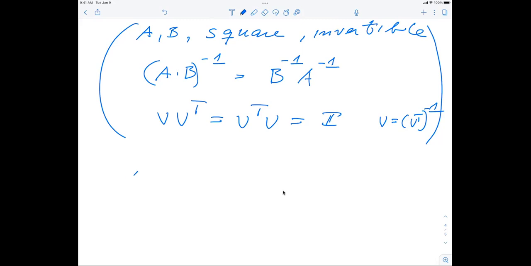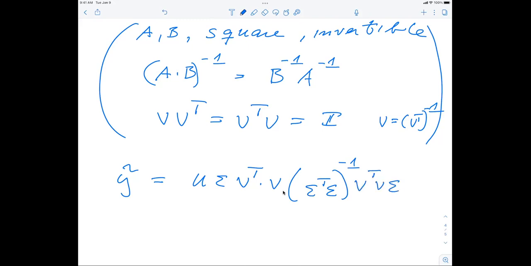So what I get then is that this model which we have, y tilde, is now equal to U Sigma V^T, and then it's multiplied with V, and then I have a denominator which is Sigma^T Sigma inverse, and then I have V transpose times V times Sigma^T times U^T times y.